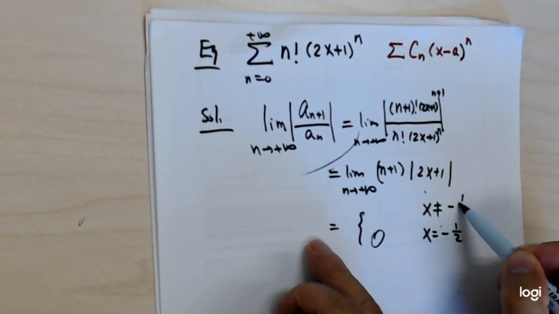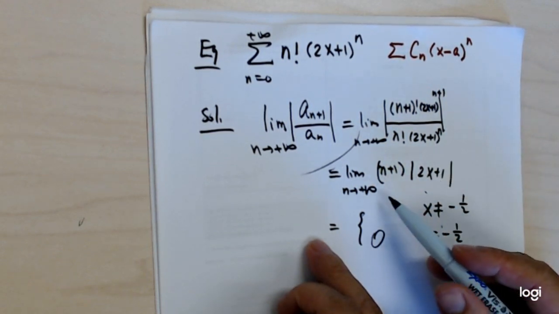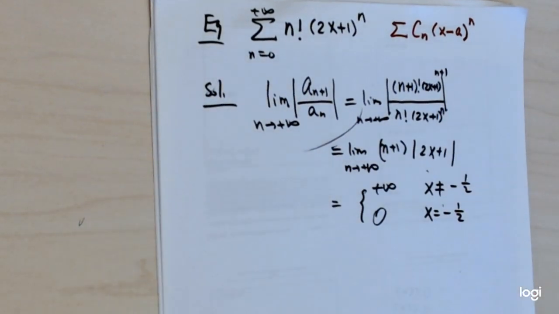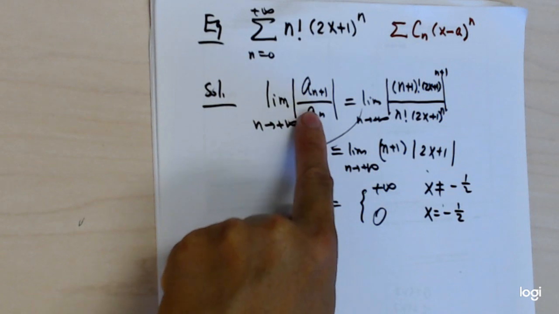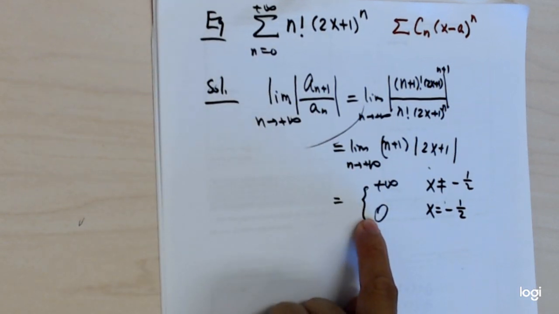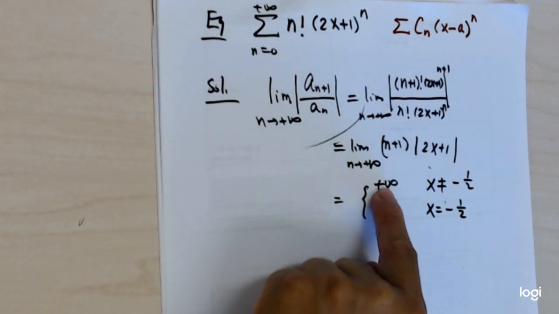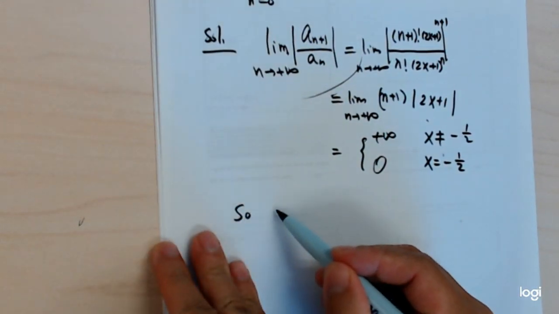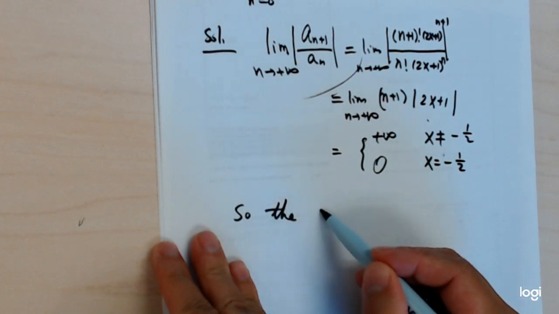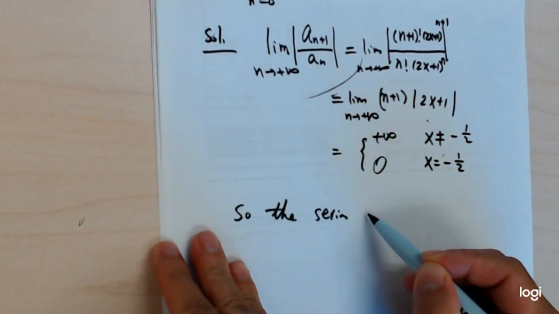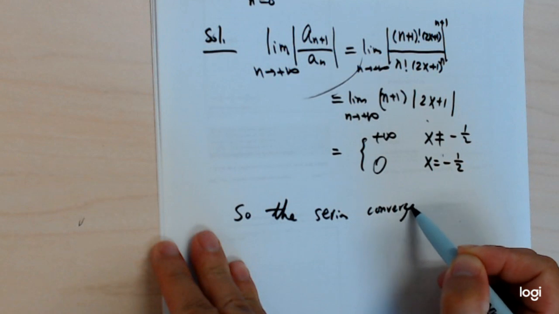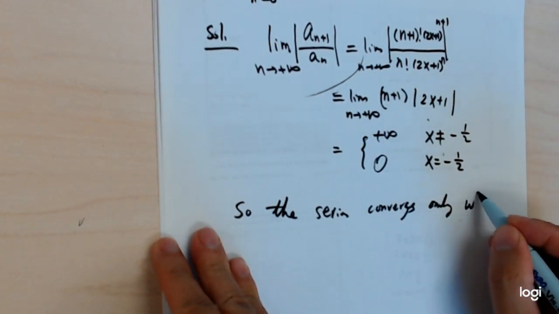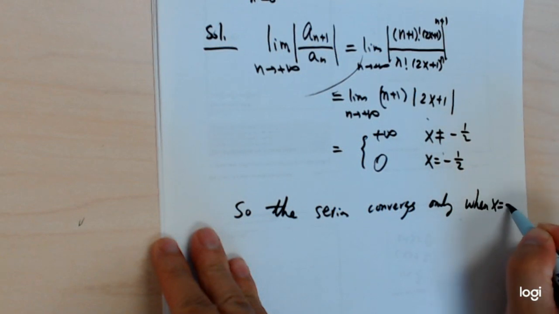Anything that does not make this equal to 0, the limit becomes infinity. The ratio test says whenever the limit of the ratio is less than 1, it converges; bigger than 1, it diverges. And that's how we come to the conclusion that this power series converges only when x is this number here.